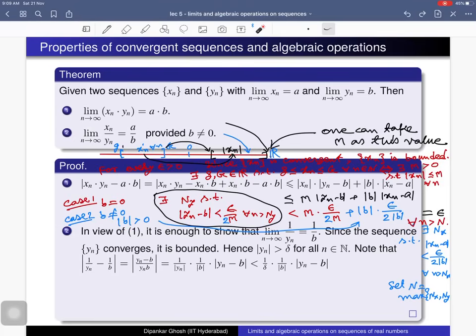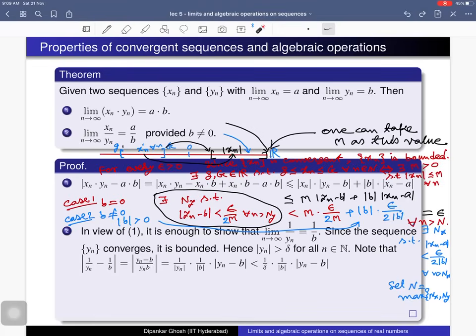Consider division of these two sequences. We prove that the limit as n tends to infinity of xn by yn is a by b, provided this limit b, that is the limit of yn, is non-zero. To prove this limit we will use statement 1.